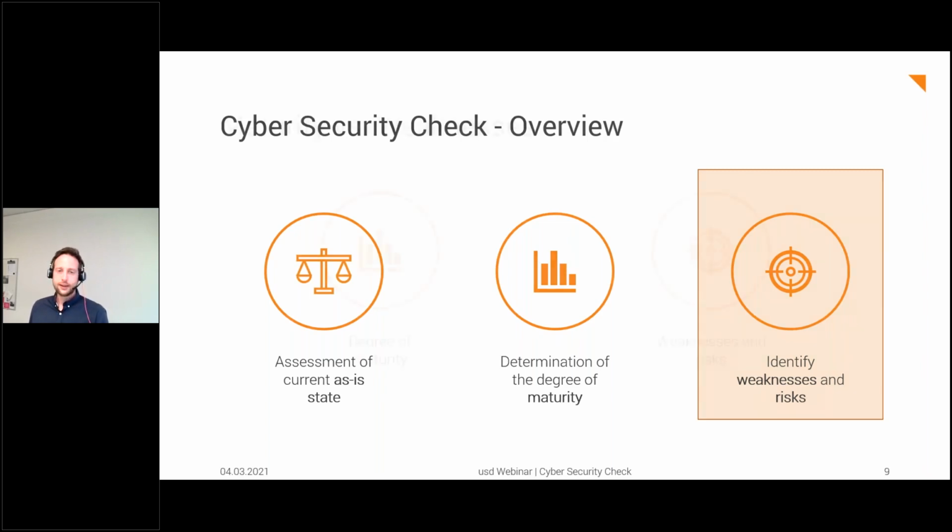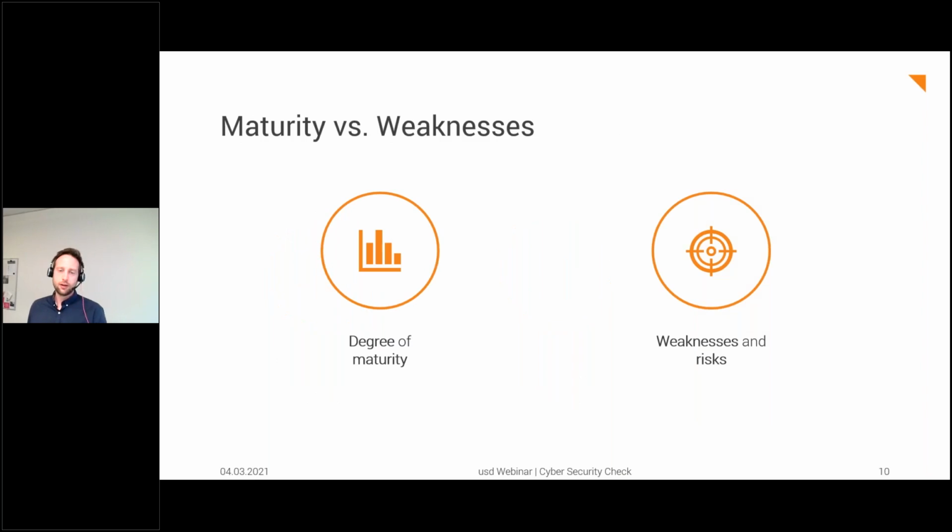We always need to keep in mind, and this is something we learned in the past while doing this, that the degree of maturity is not actually leveling up, and then the weaknesses are going down. So if I have a high degree of maturity, that does not mean I don't have any weaknesses. You can have very good processes in place.